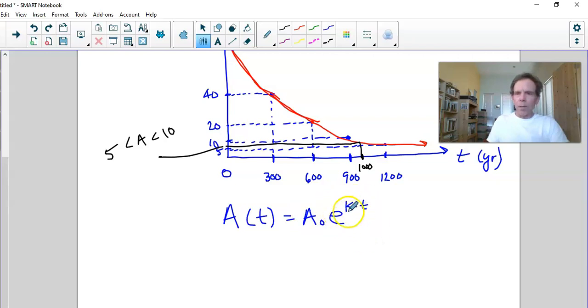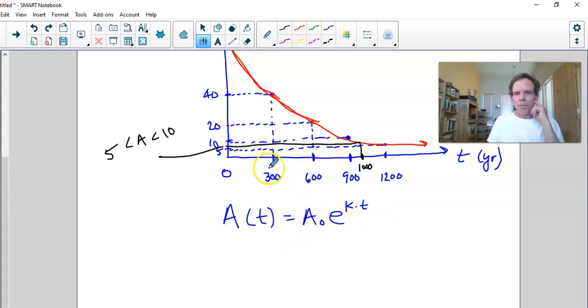Here our k will be negative. And that's what we really need to figure out, what the k is. And so we need some data to put in this equation so that we only have k left to solve for. We need a time, we need a starting amount, we need an amount at that particular time.